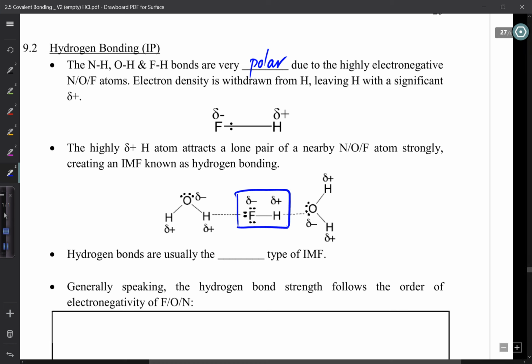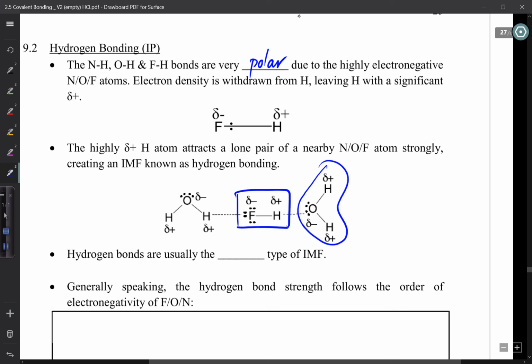Okay, let's look at this. If we have HF, we can see that on H there's a delta plus. So it can attract a lone pair from a neighboring species, especially oxygen, nitrogen, and fluorine.